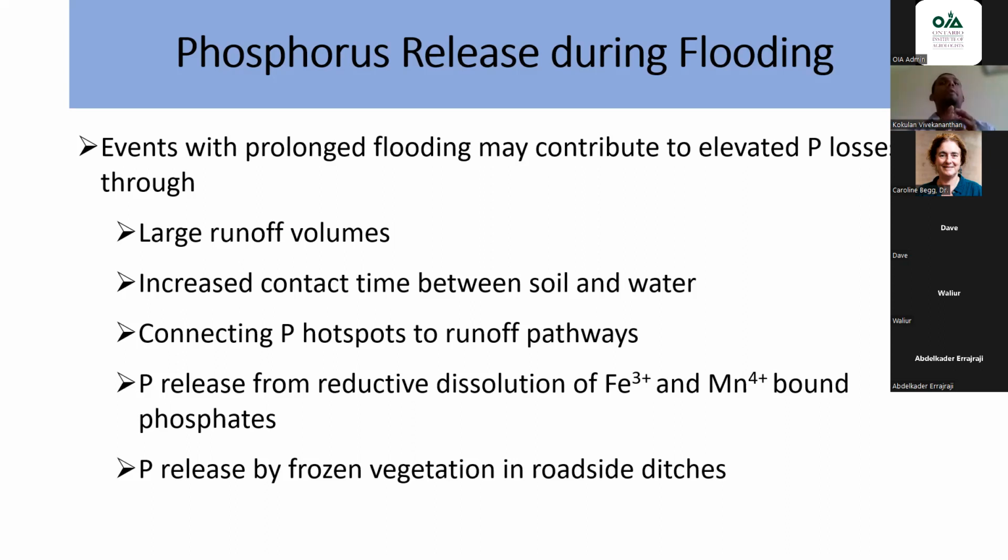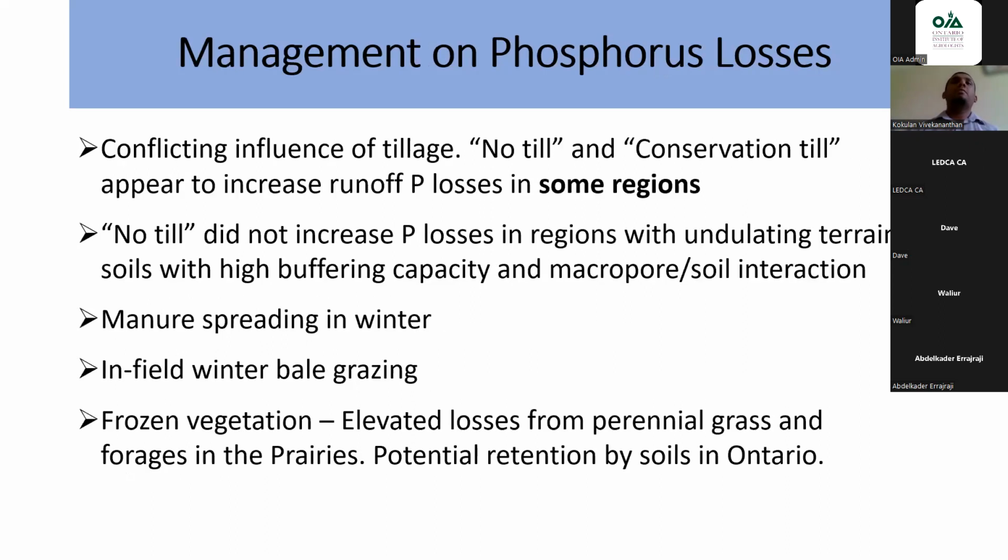During anaerobic conditions, these Fe3+ and Mn4+ bound phosphorus get reduced and thus release phosphorus to the standing water column. During these larger flood events, phosphorus also could be released from the vegetation in the roadside ditches.